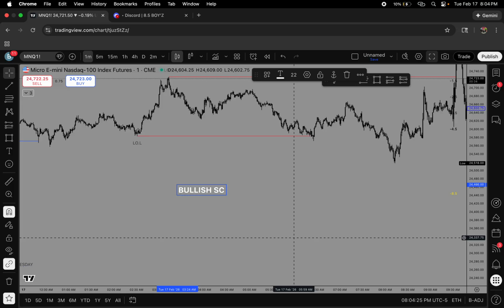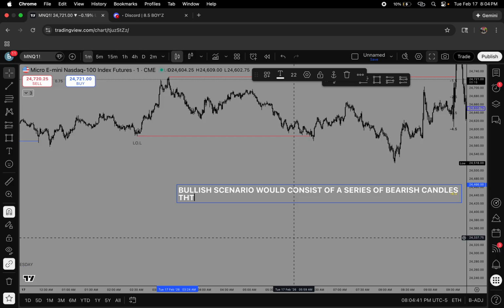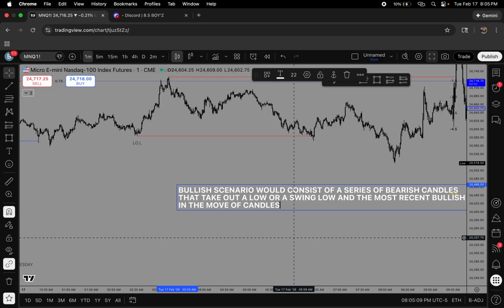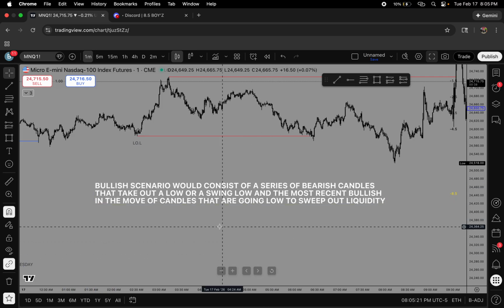Bullish scenario would consist of a series of bearish candles that take out a low or a swing low, and the most recent bullish candle in the move. Okay, this would be your bullish scenario.